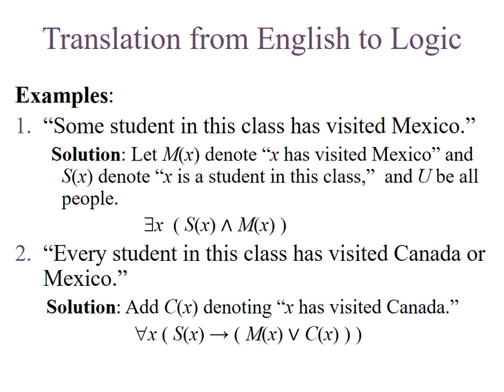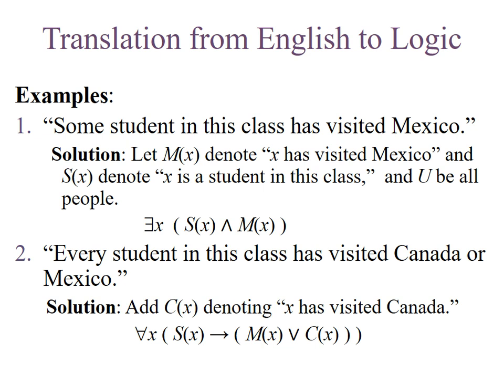Alright? Next, every student in this class has visited Canada or Mexico. Now we have Canada, so we add an additional propositional function C(x), which means x has visited Canada.